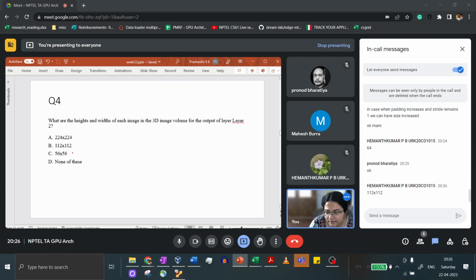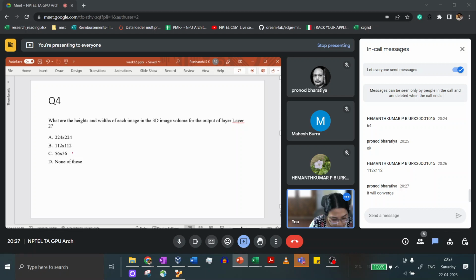Okay, we have one answer, 112 cross 112. Anyone else? It will converge in the sense.